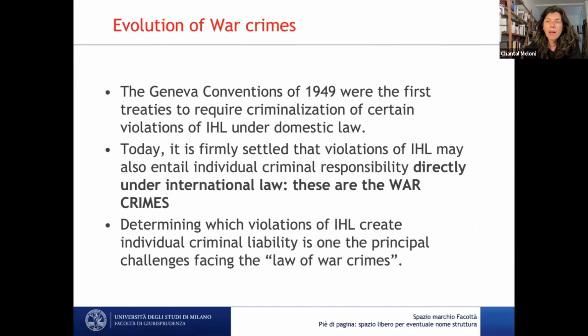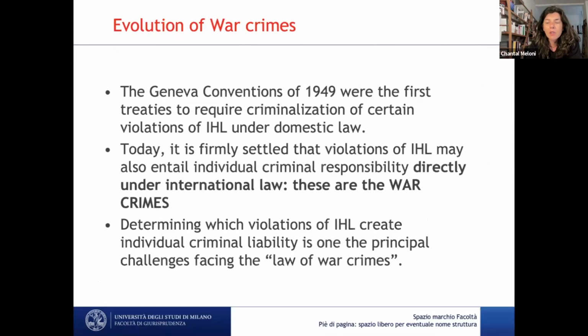So what is clear is that states don't have the opportunity just to stay put and not do anything. So this is not something that states can do in front of the commission of war crimes.